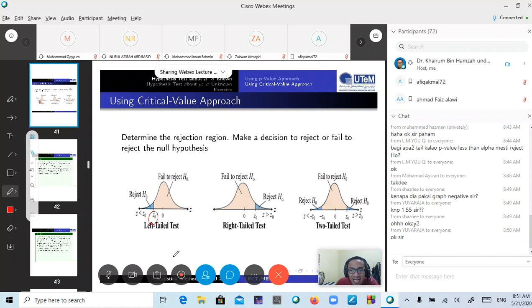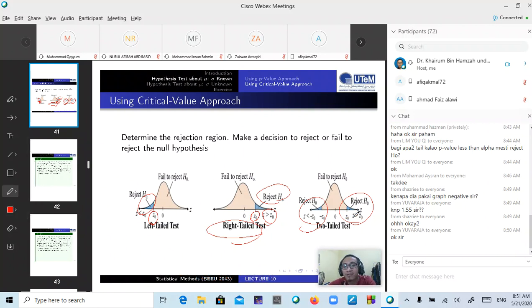If your calculated Z, which is X bar minus mu divided by sigma over root n, falls in the marked region, lower than Z0, we reject H0. For a right tail, the Z0 you refer to sits on the right side, and if your Z calculation is greater than Z0, we reject H0. But if it is a two tail, there must be plus and minus, two sides. If it falls in the rejection region, you reject H0. Can you understand?